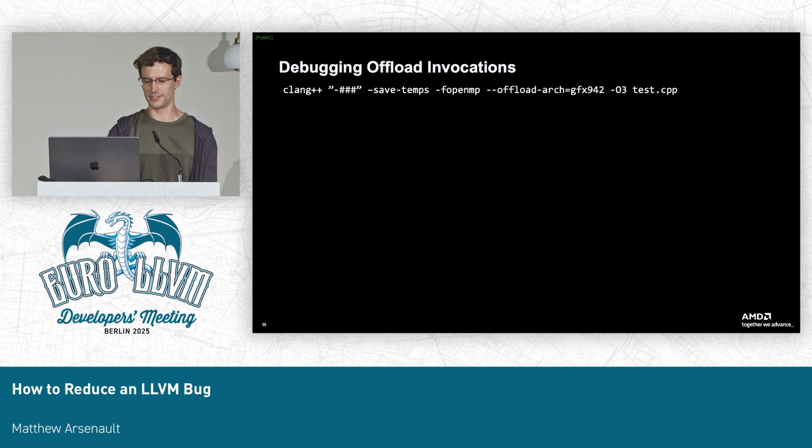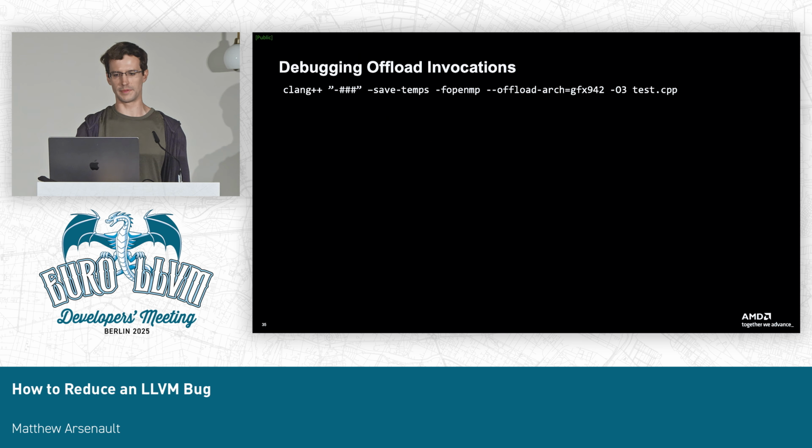In these cases, you need to run ### save temps, run those as script steps, then after your final Clang Linker Wrapper tool, you have to run that again, and now you have what you actually can work with.